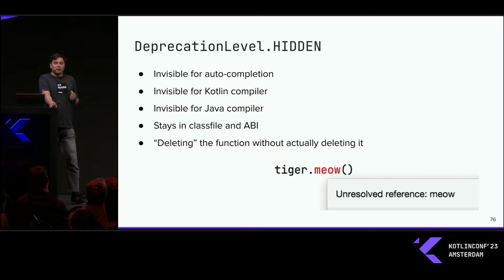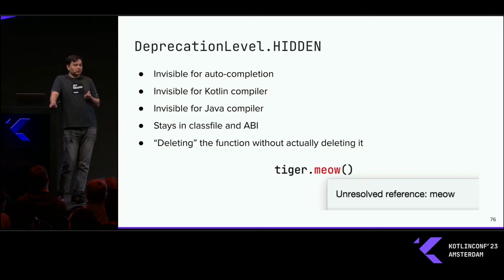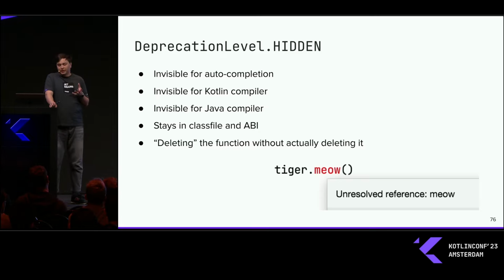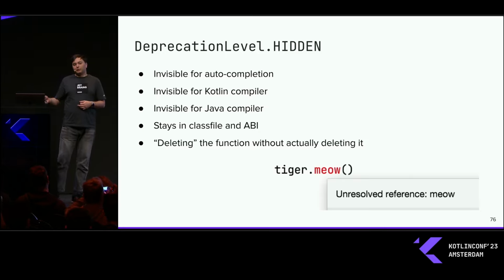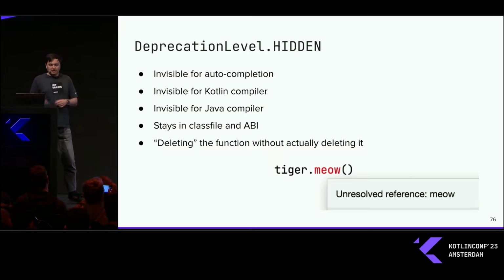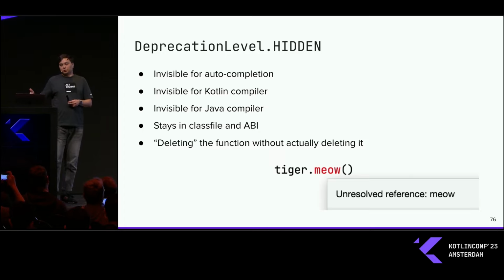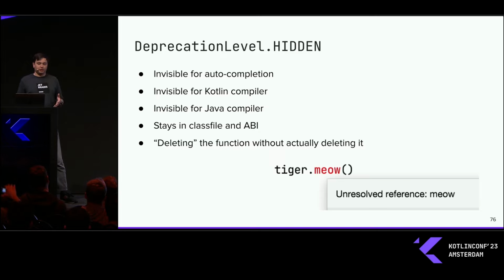So by marking a declaration with deprecation level hidden, you're essentially deleting the function without actually deleting it. It reports unresolved reference, and you can no longer compile code that calls this function. But in case your library gets some transitive dependency on the old client, it still can work correctly with it, because it is there in the jar file.